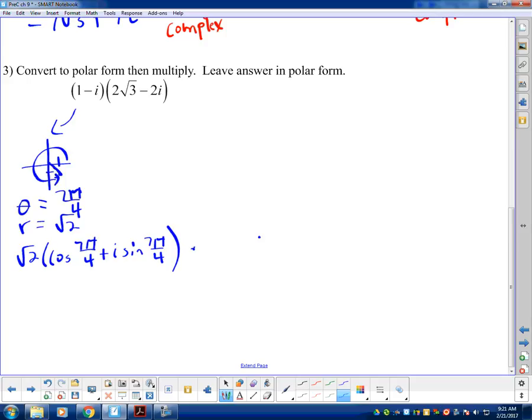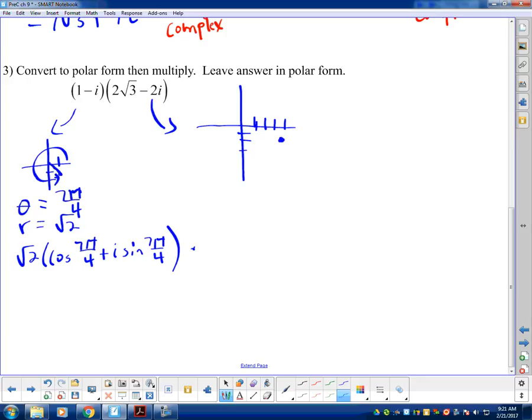a little picture for this guy here, and see if we can figure out the angle and so forth. So 2 root 3 is approximately 3 point something, I think between 3 and 4. And then minus 2i. So maybe right about here is our coordinate for 2 root 3, comma, minus 2.